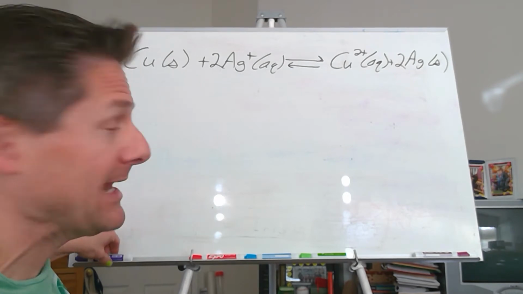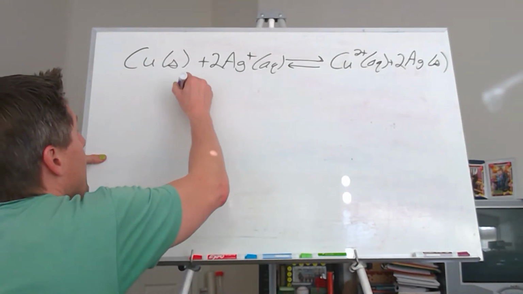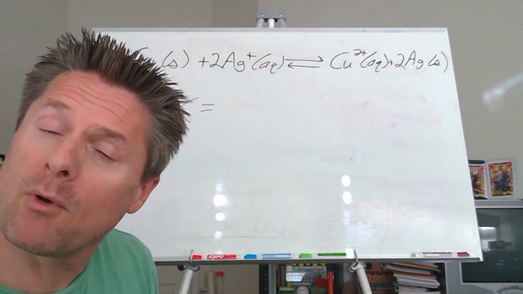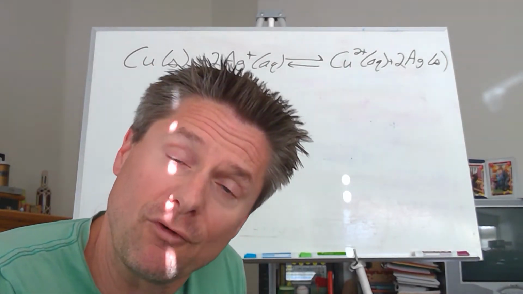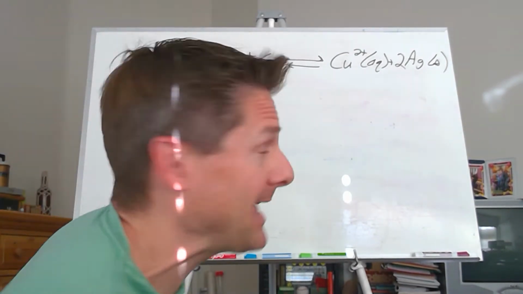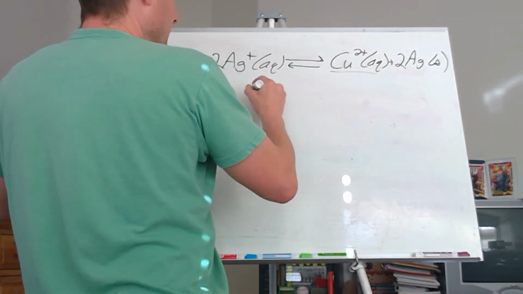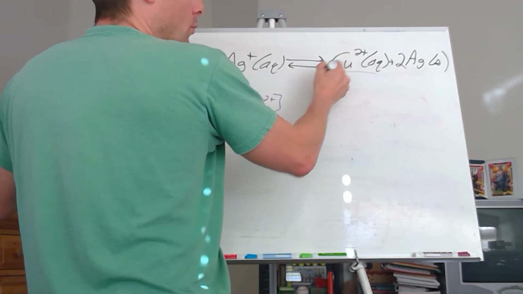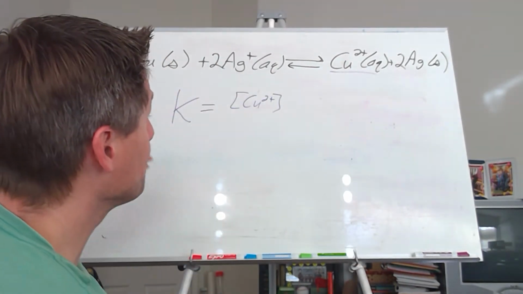So if we want to write an equilibrium expression for this, let's set it up. So we've got our K value. Let's take our products, but remember, we're not going to include anything in the solid or the liquid phase for heterogeneous equilibrium because they're assumed to be constant. So let's take the copper ion here, right? So let's take the molarity of that copper plus 2 ion, raised to the power of its stoichiometric coefficient, which would be 1, so we're not going to include that.